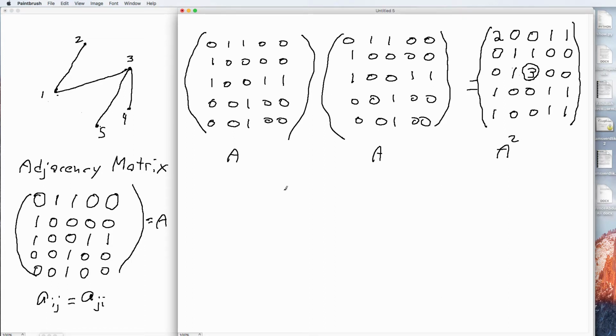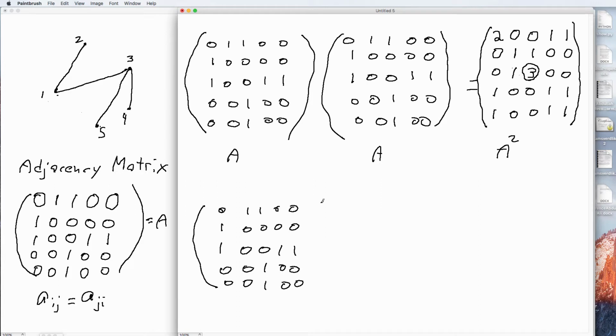Now what I can do is I can extend this to even 3 hops. If I come over here and I start off with A, and now, so here's A, and I multiply this by A squared.